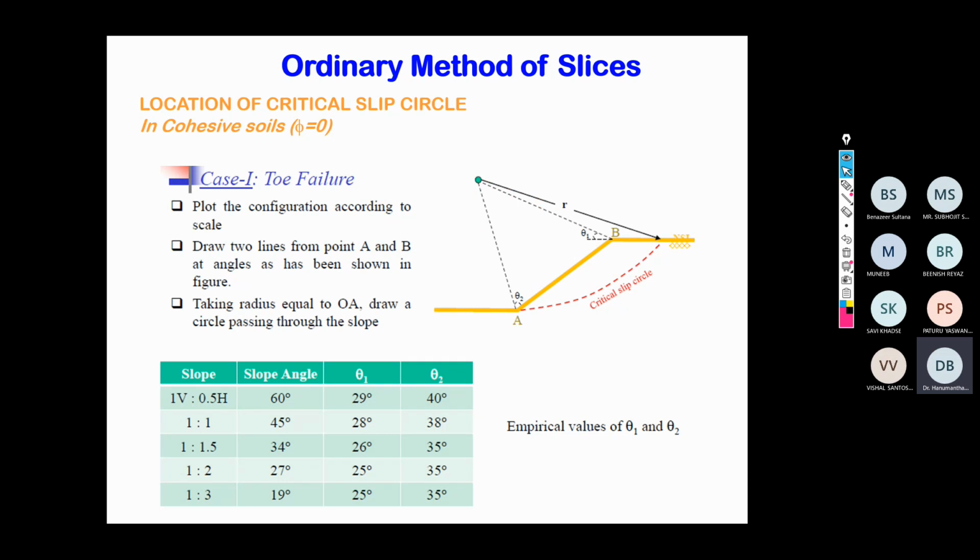Now here, one of the important aspects is how to identify the center of the circle. Whatever method you talk about in slope stability analysis, it is of utmost importance to identify the center of the slip circle.